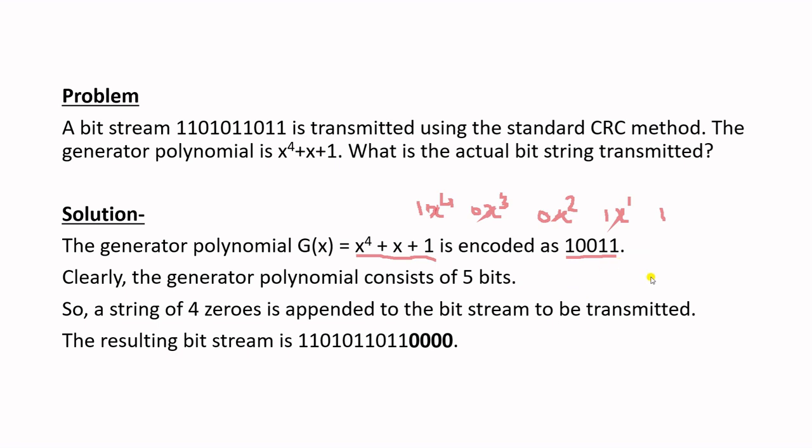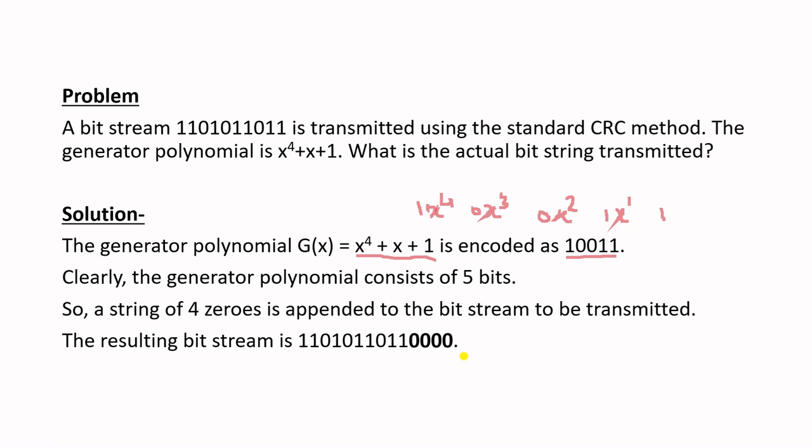If there are 6 bits, 5 zeros are added. So here there are 5 bits encoded from the generator polynomial. That's why 4 zeros are appended after the data bit stream, which is given in the question.